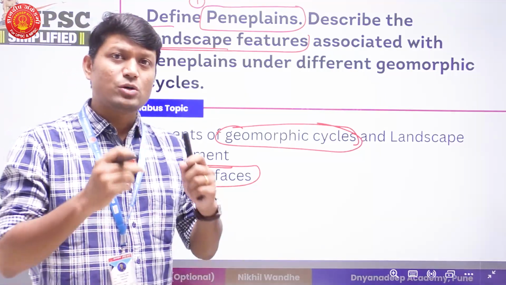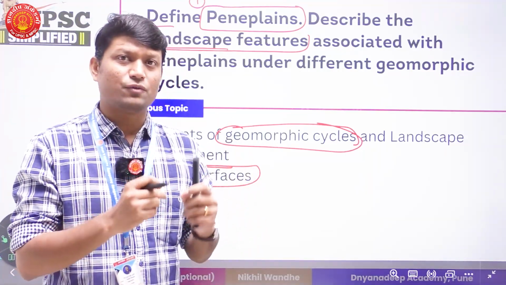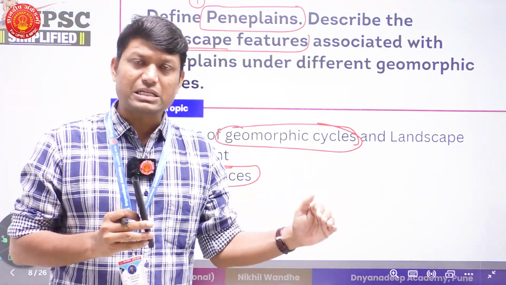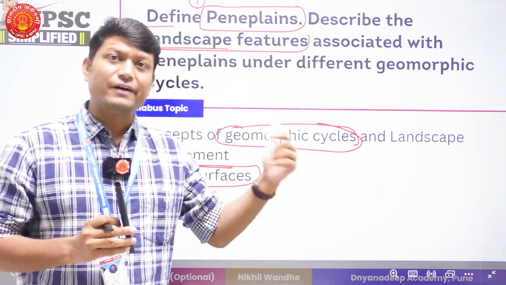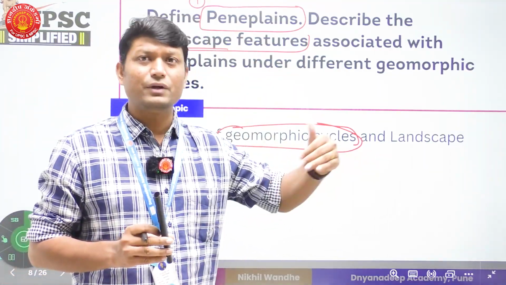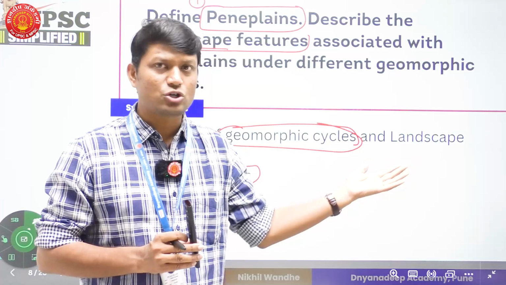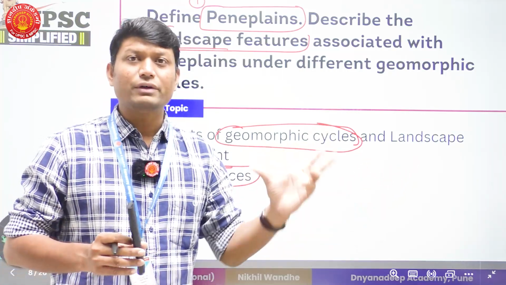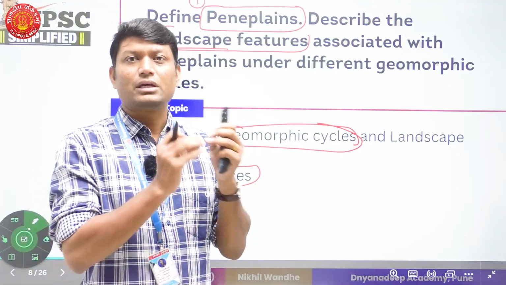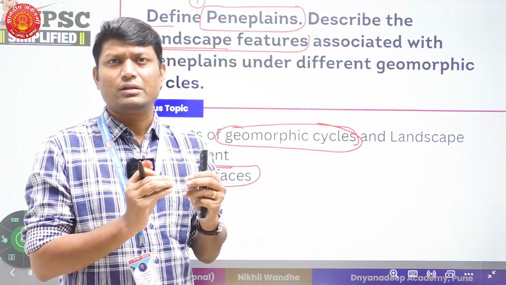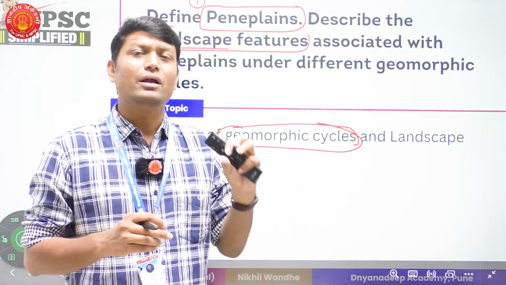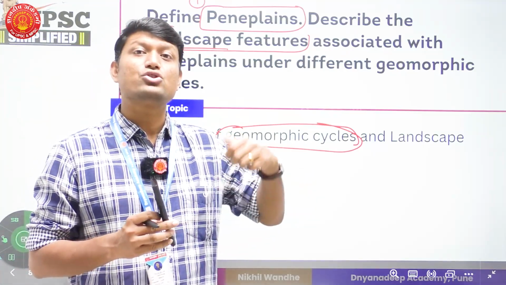If you look at any geomorphic cycle, when that geomorphic cycle reaches the old stage, in the old stage the final product is the peneplain or an erosional surface, which may come with different names under different geomorphic cycles. And along with that erosional surface, we also have some key landform formations. They are not huge landforms, but just minuscule remnants which are reflecting the conditions of the past.